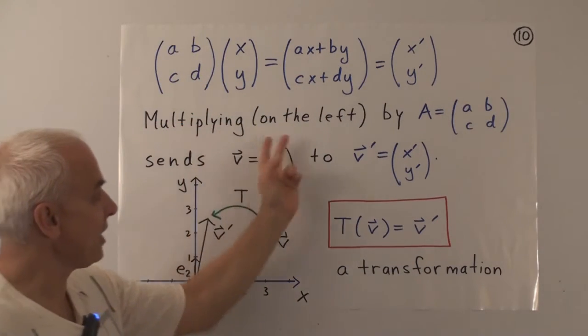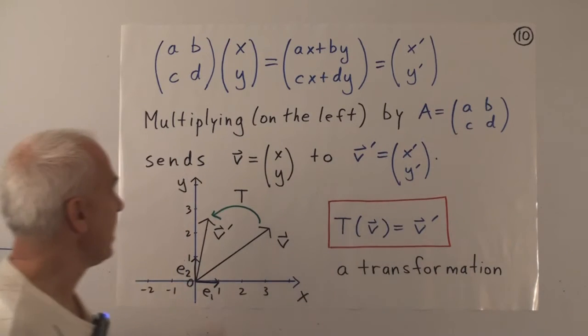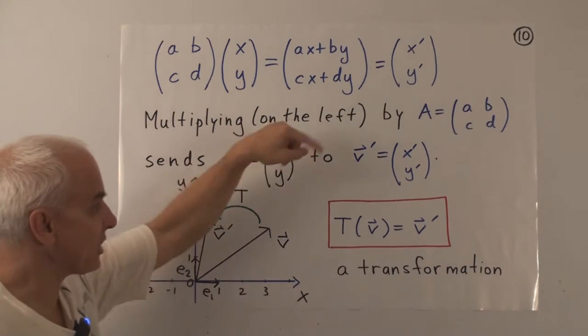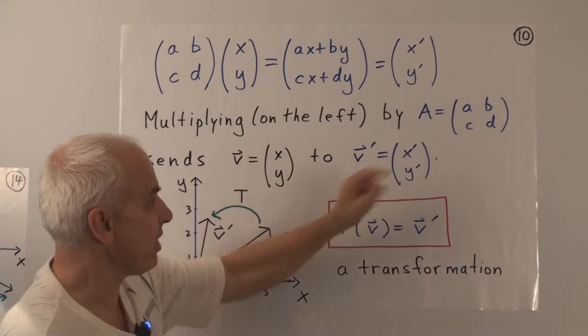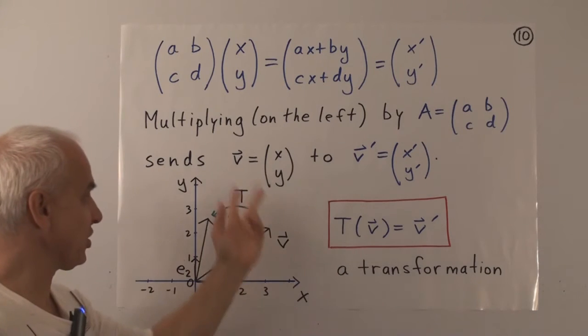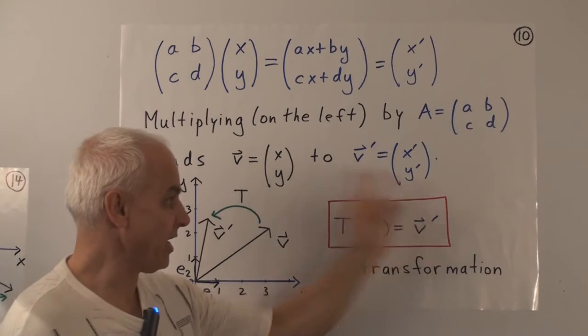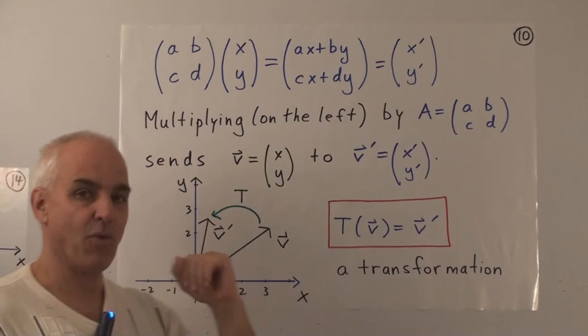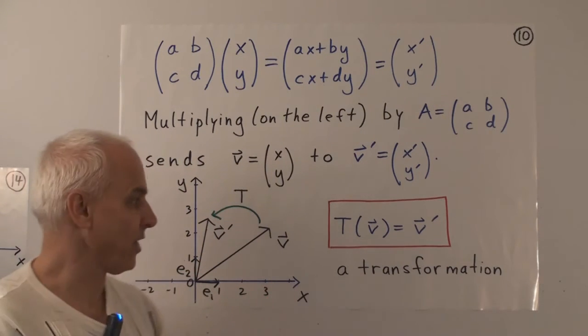So multiplying on the left by this matrix A sends the vector v, say, which is x, y, to a new vector v prime, which is x prime, y prime. Mathematicians like to talk about functions. This is a function that sends a vector to another vector. And in the plane, we can visualize this very concretely.